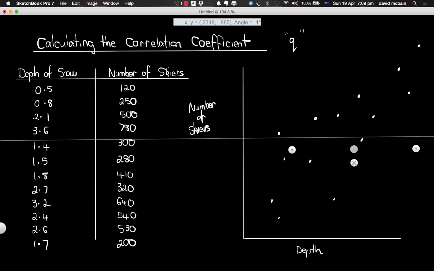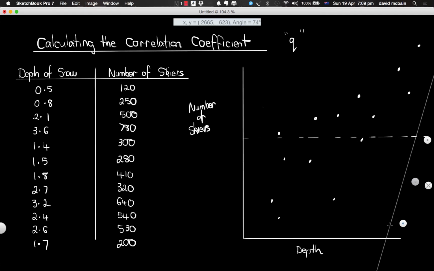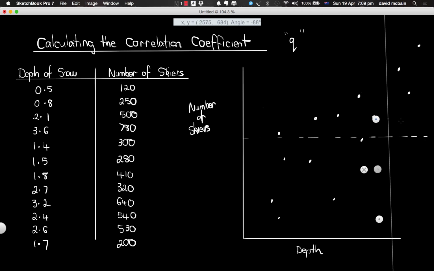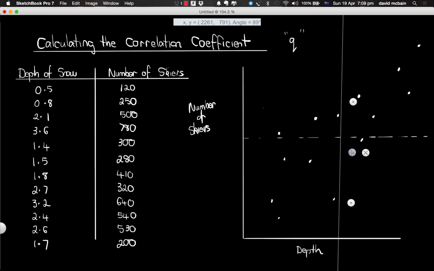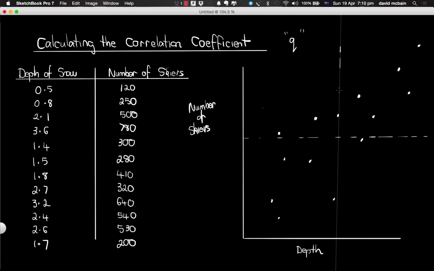So I'll just estimate it to be about there. And we also need to find a line where it's the same number of data points on the left and right of the line. So let's say just about there. Now this is not accurate, this is simply to highlight the process.